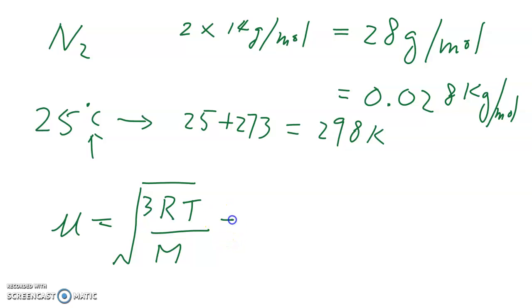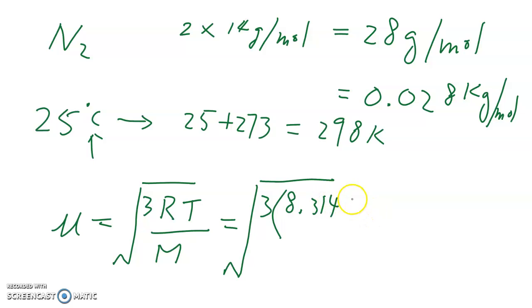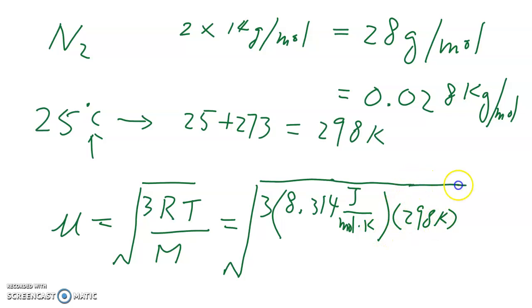Let's plug in all the parameters. That is equal to the square root of 3 times R. If we carry the right unit, R is 8.314 joules per mole Kelvin, and the temperature is 298 K, so the K can be canceled out.